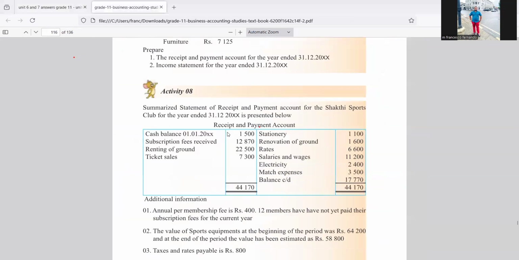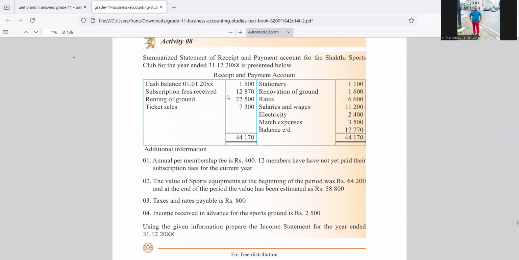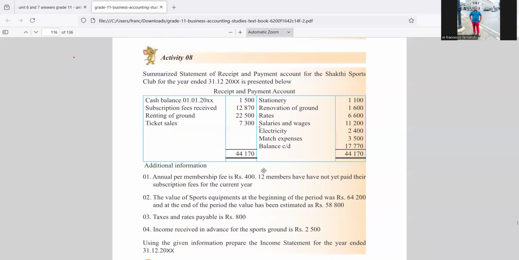Then if you come to activity 8, so there also I'll be discussing only the additional information in activity 8. The first adjustment, annual membership fees is 400. 12 members have not yet paid their subscription fees. Now here how to find the total subscription fees.